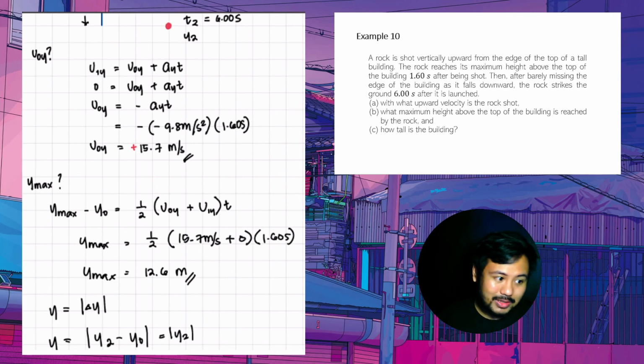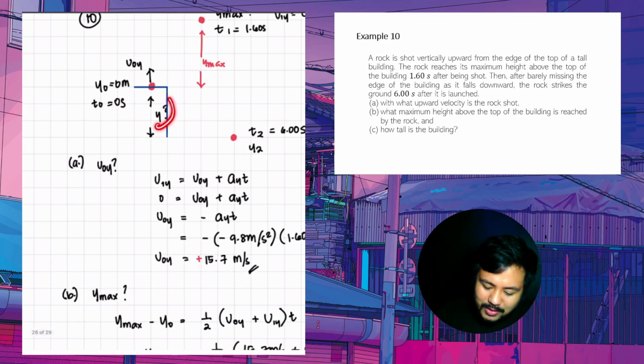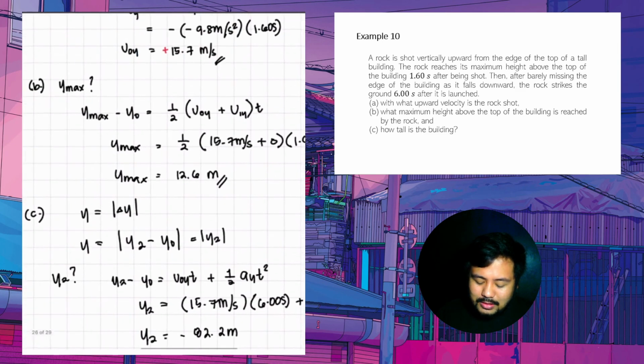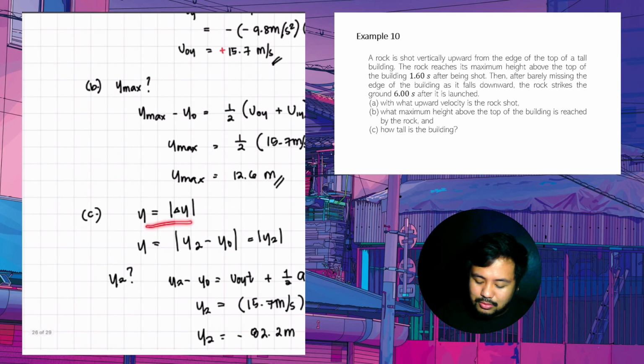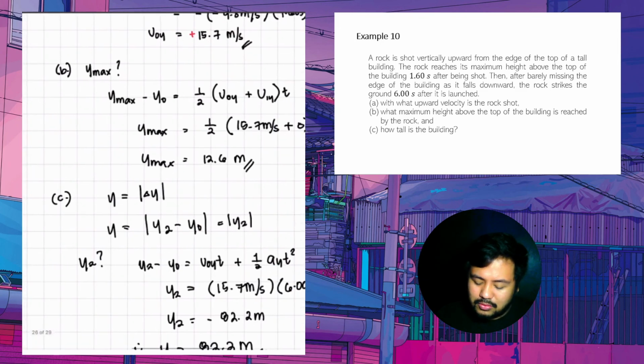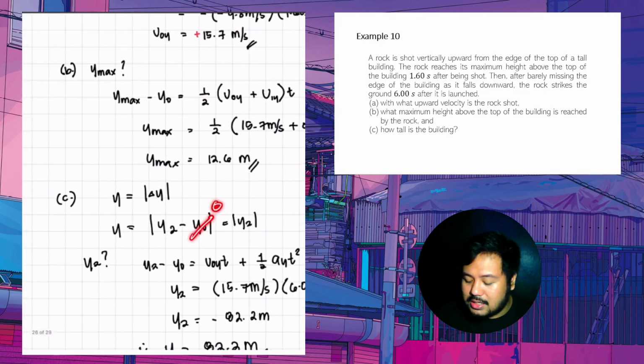Next is the last one. How tall is the building? So solving for the height of the building. This y here, I will just get the change in position from y0 going to y2. So y is just equal to delta y, which is y2 minus y0, getting the magnitude, wherein for all we know, y0 is equal to 0.